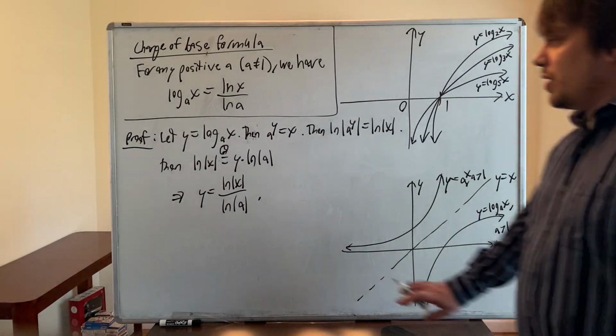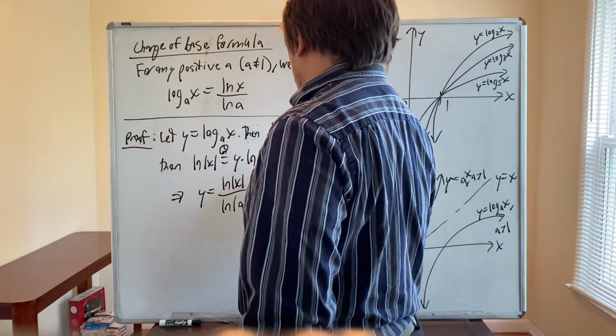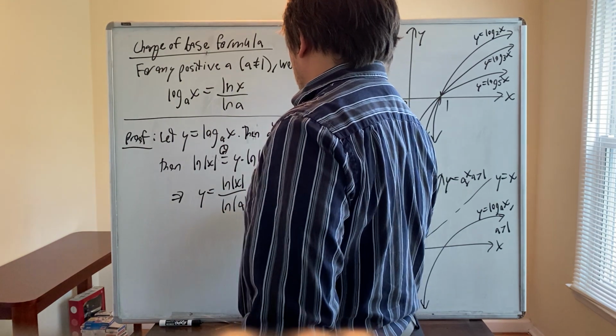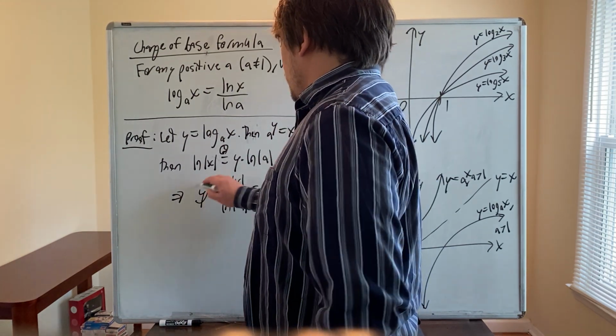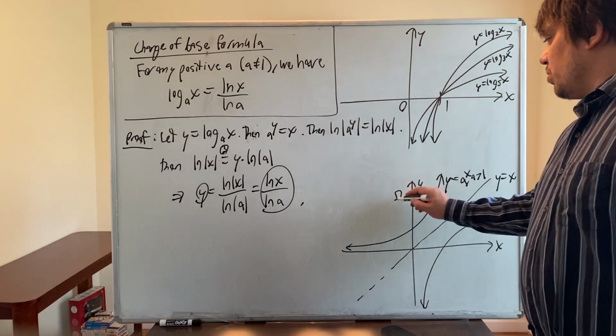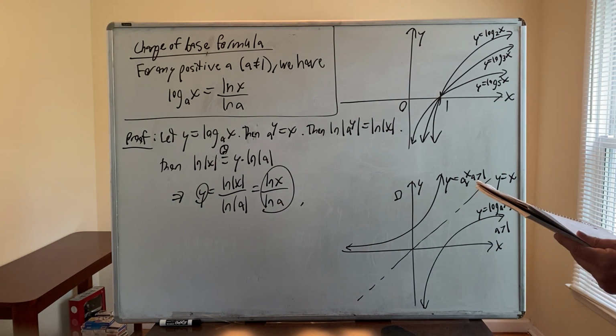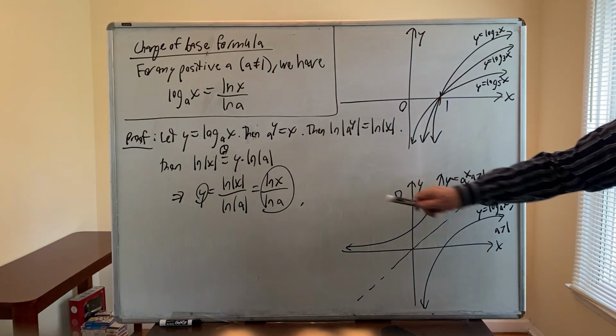Now x and a are both positive, so the ln of the absolute value of x is ln x, and the ln of the absolute value of a is ln a. So we show that y is equal to ln x over ln a, and that's the proof. That's the change of base formula and its proof.